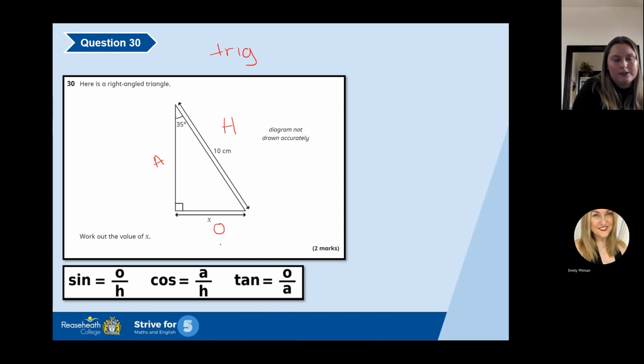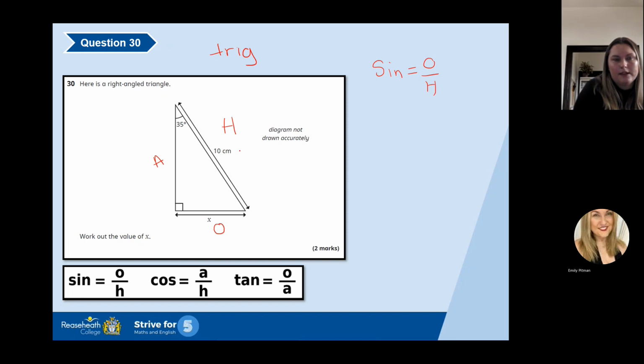So you can see how these letters now match up with what we've got here. So what we need to do is see what we've got and what we're looking for and what it matches with. So we've got the hypotenuse and we want to know x, which is the opposite. So that's O and H. So we're looking at this one. If, for example, we didn't have the opposite, we wanted to know the adjacent, then we would use this one.